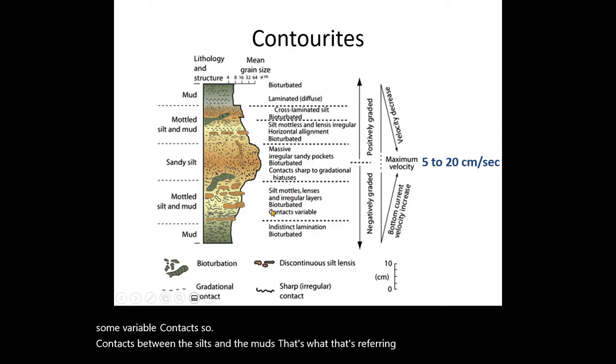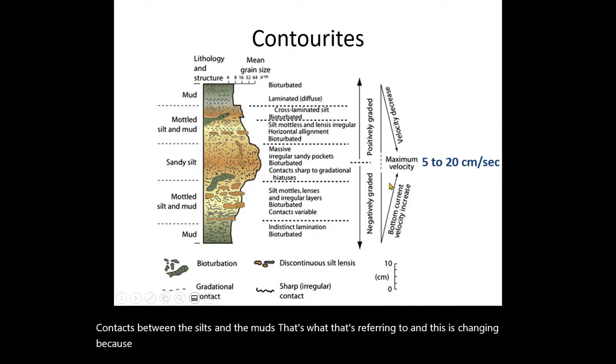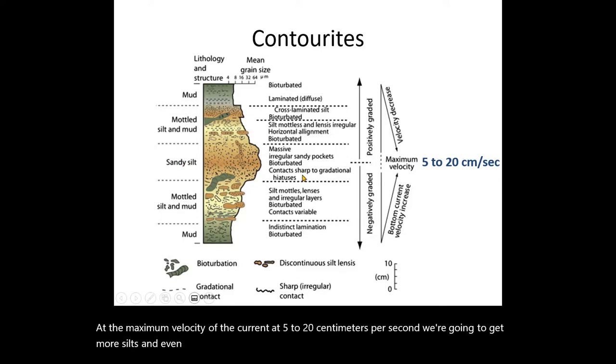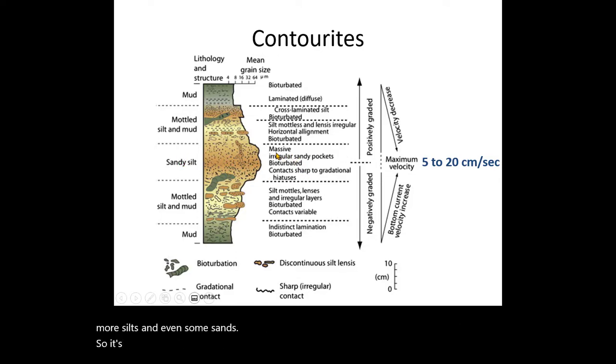And this is changing because we're seeing an increase in the velocity of the current. So it's now able to carry and deposit some more silts. At the maximum velocity of the current at 5 to 20 centimeters per second, we're going to get more silts and even some sands. So it's going to be more massive with some irregular sandy pockets.